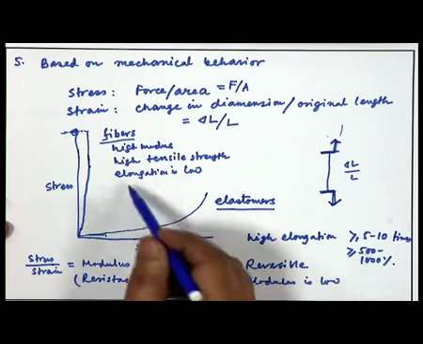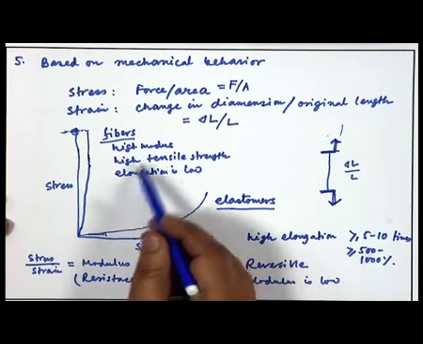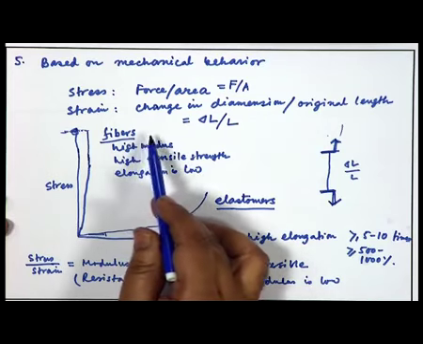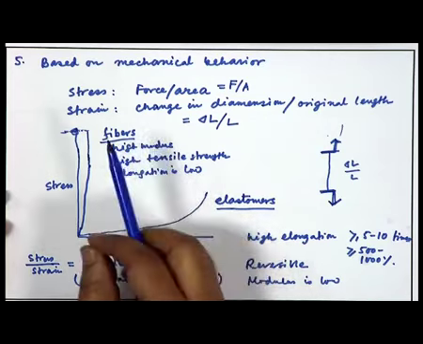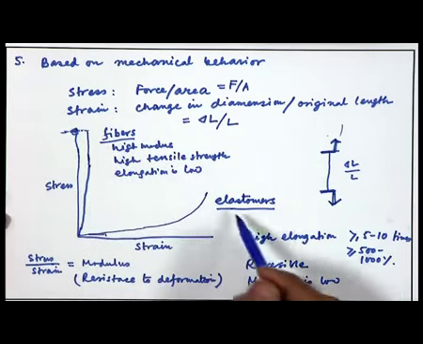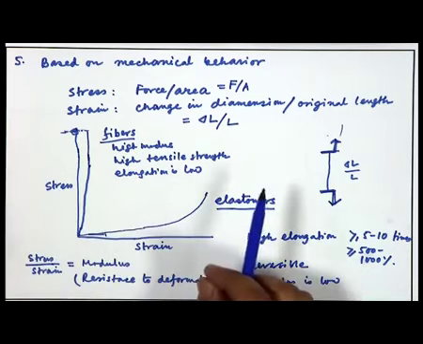We might quantify with some numbers in the next class, but as you can understand, plastics will be somewhere intermediate. Fibers are rigid materials which are threads, used in textiles and making clothes, and elastomers are rubbers, which are solids but can be easily deformed.